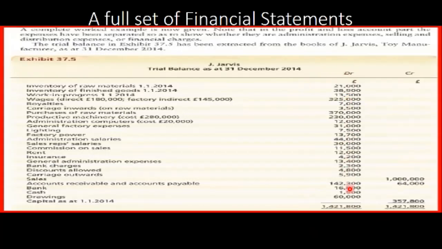Okay, you can also get your data like this in a trial balance form. Now this, to get it to fit on the screen, I had to shrink it down a bit, right? But you can still make out all the figures. But this is in a trial balance form, and you have to prepare a manufacturing account, income statement, and a balance sheet.